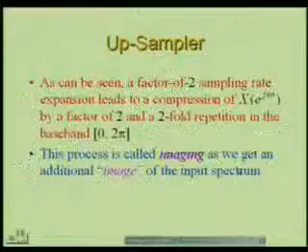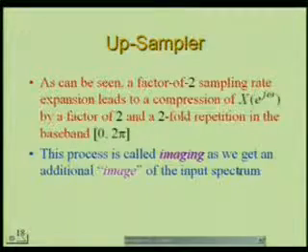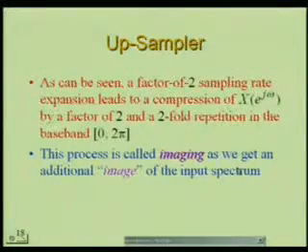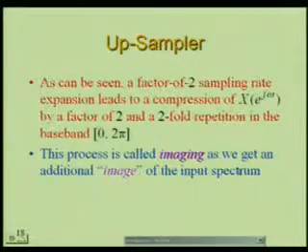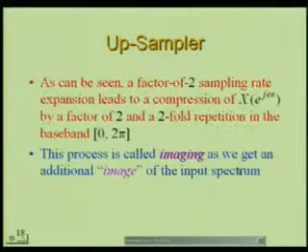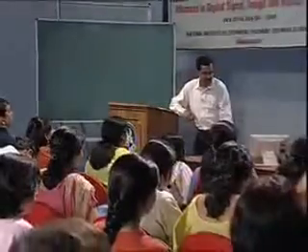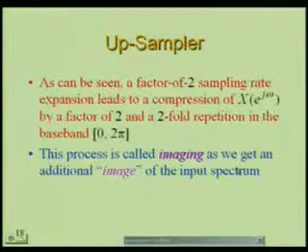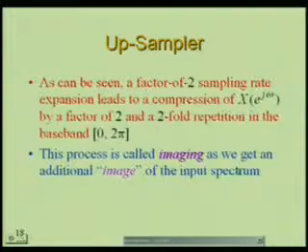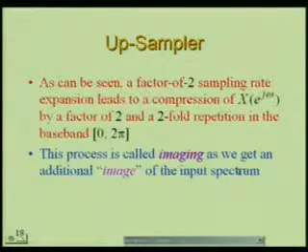It can be seen that a factor of 2 sampling rate expansion leads to a compression of X(e^jω) by a factor of 2 and a two-fold repetition in the baseband 0 to 2π.